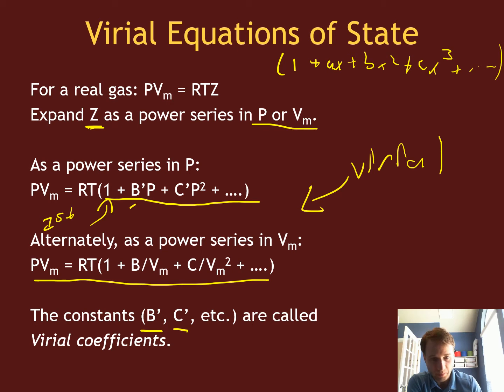B prime and B here are referred to as the second order virial coefficients, C prime and C are the third order virial coefficients, and so on. The first order virial coefficient is always equal to 1, and beyond that, it's some constant B, C, D, and so on.